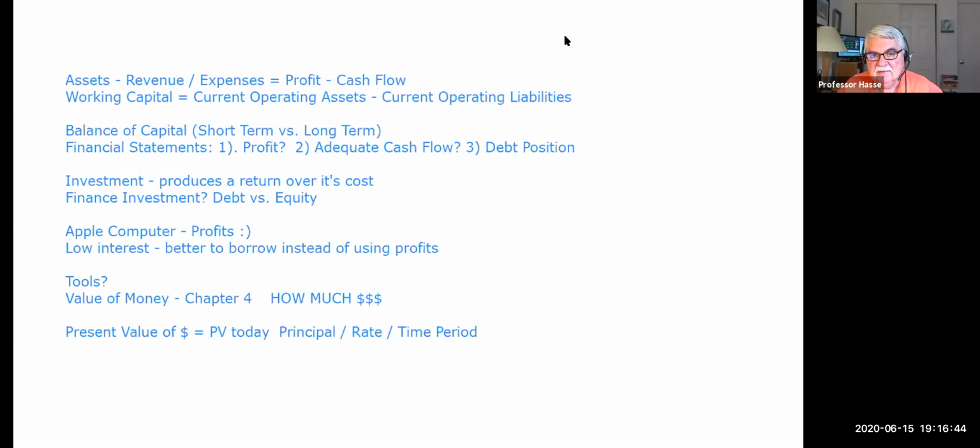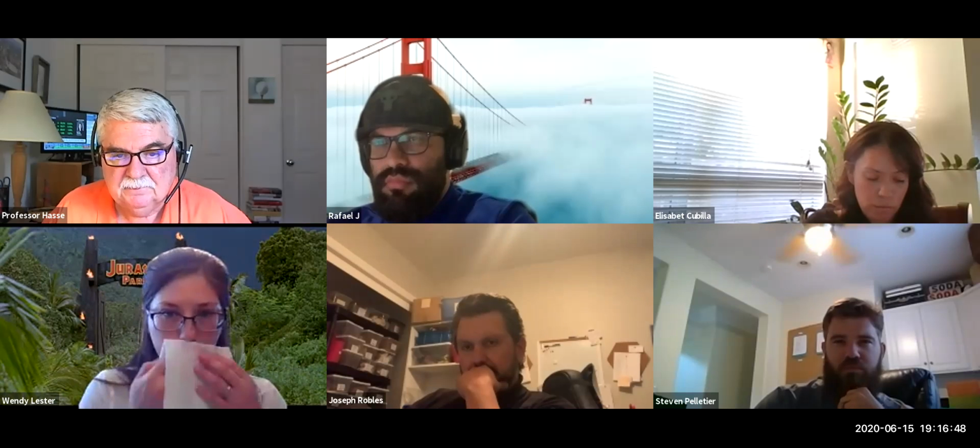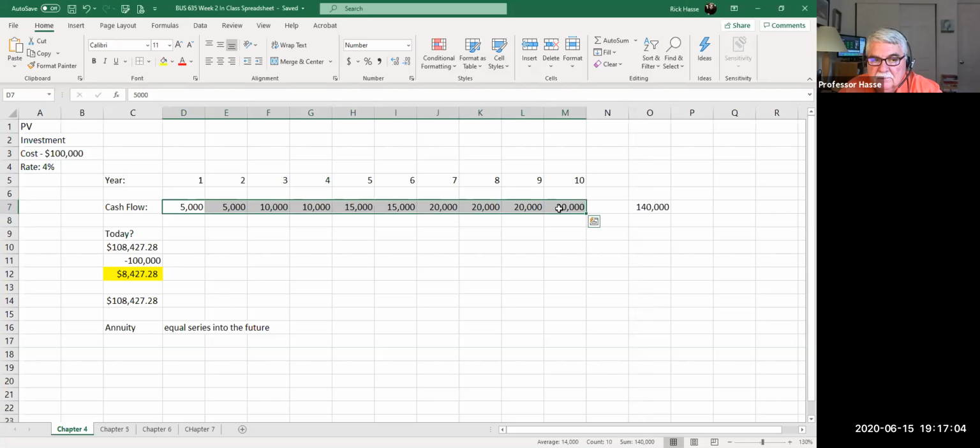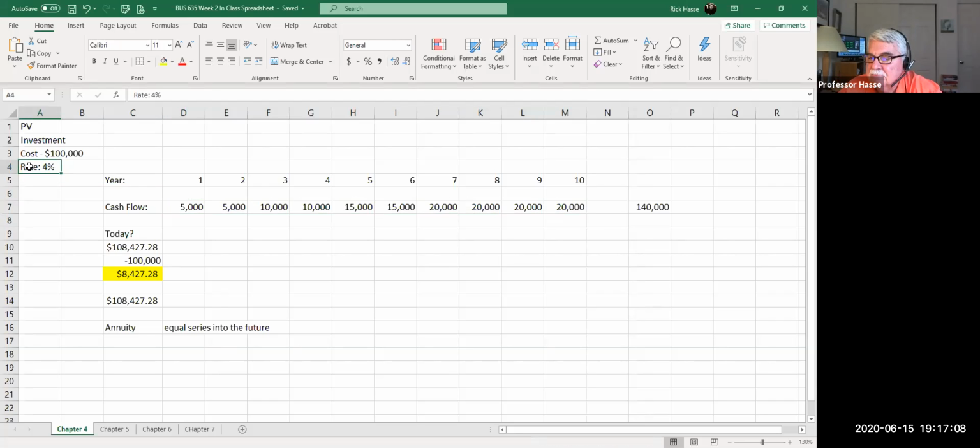And then we looked at an example of that asset in a spreadsheet format where we had an investment of $100,000 and that investment generated a cash flow or a profit of $140,000 over 10 years in these types of installments or per year. This $100,000 cost us 4%.